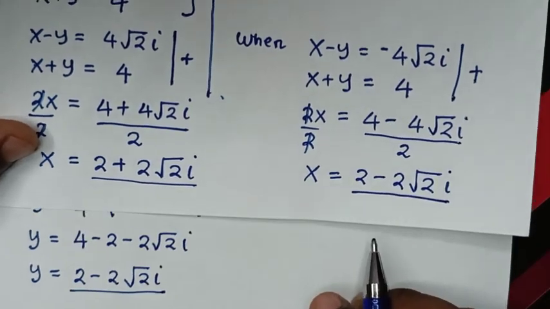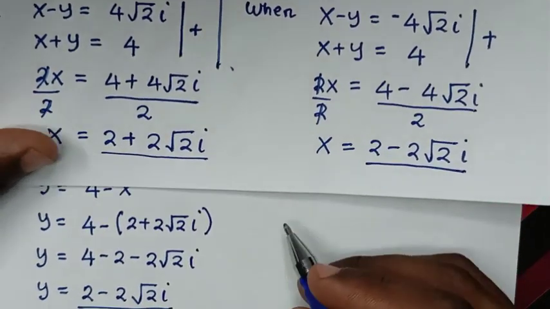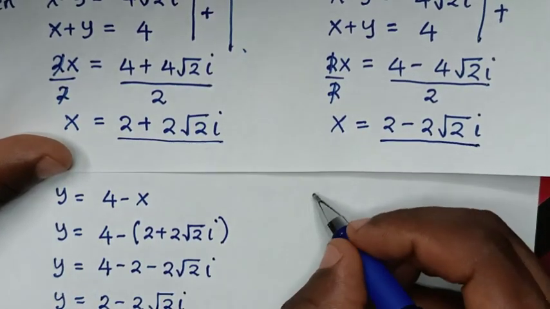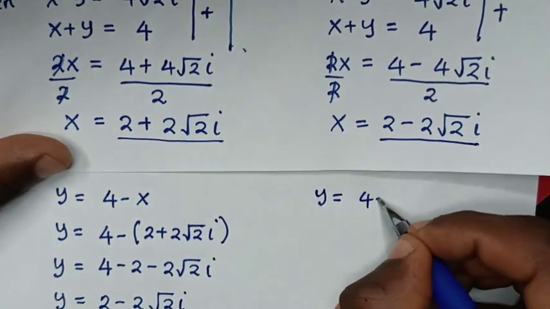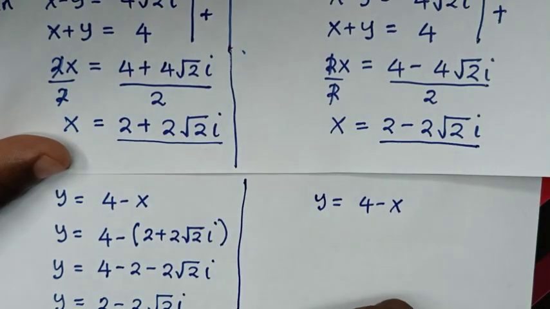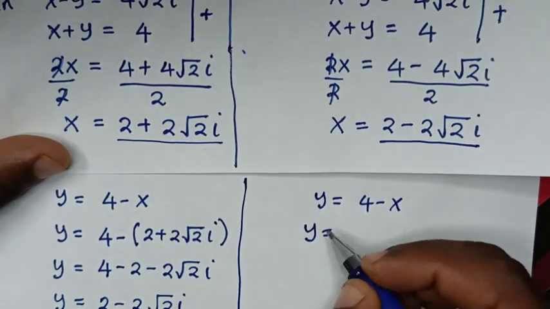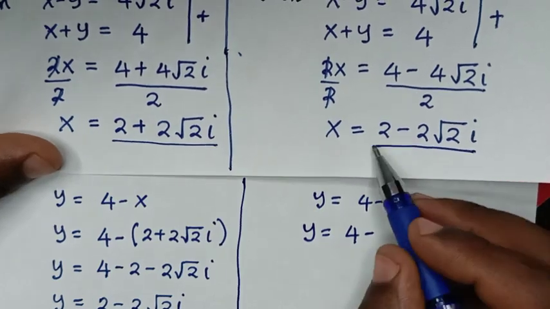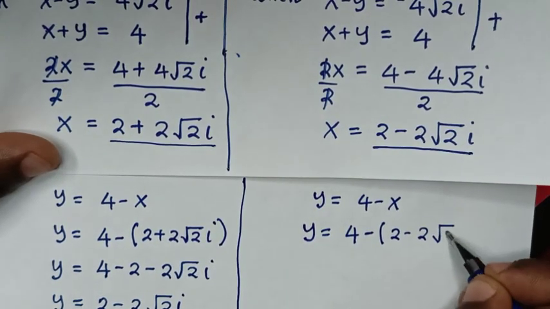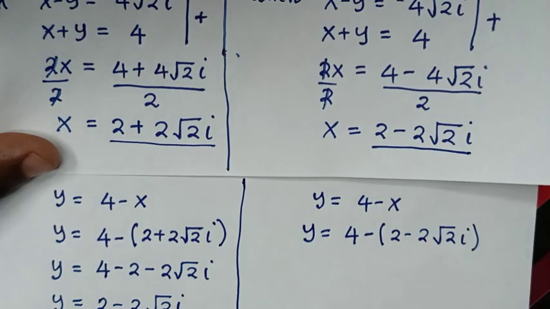To get the value of y, from here, y is equal to 4 minus x. So y is equal to 4 minus x, it is this, so it will be bracket 2 minus 2 square root of 2i bracket.